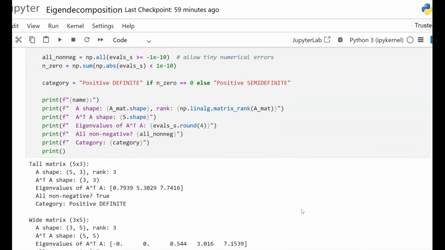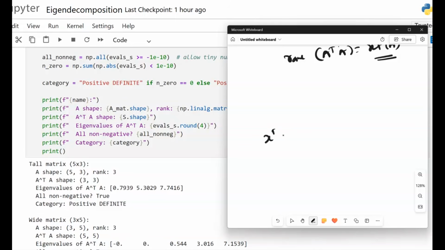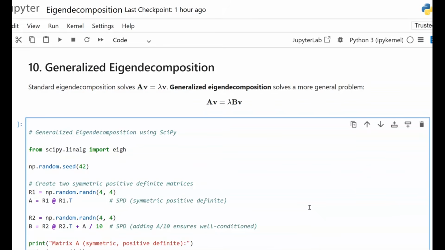And the final takeaway, surely I have to specify this: X transpose A transpose A X equals the squared norm of AX, which is greater than or equal to 0. This identity is the entire reason the result holds, and it underpins a large portion of numerical linear algebra and optimization. Okay, dear friends, let me discuss generalized eigendecomposition.